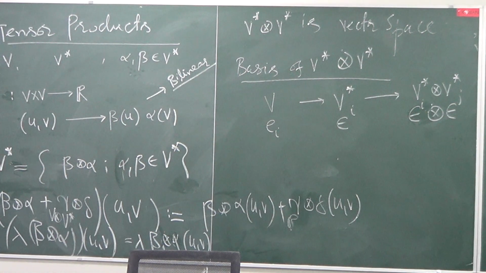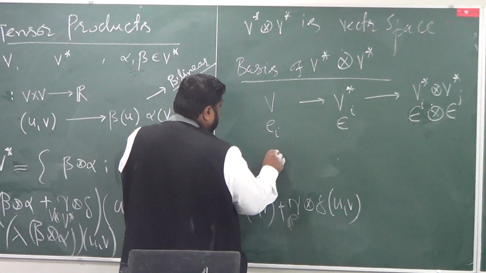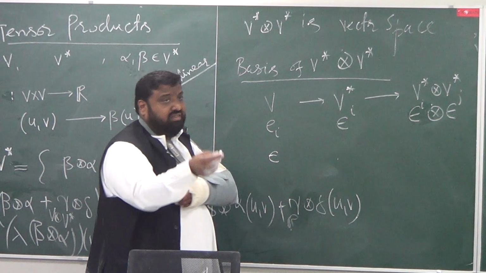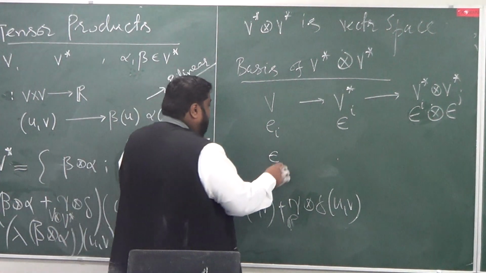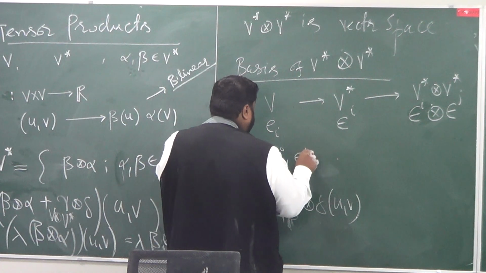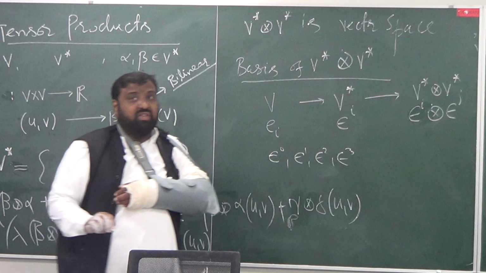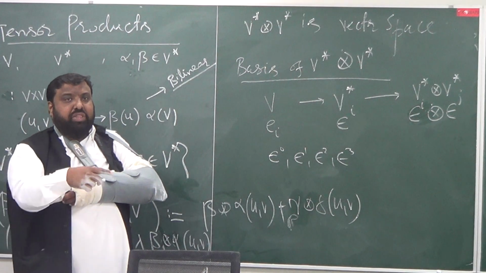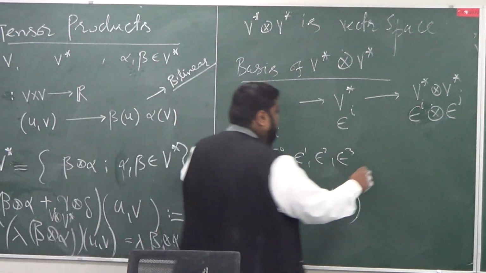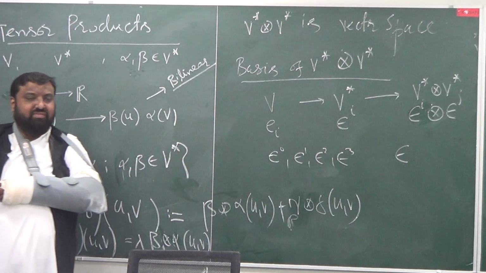What do you mean by that? For example, if the space is four-dimensional, like relativity, you're going to have basis epsilon 0, epsilon 1, epsilon 2 and epsilon 3. So how many possible products can you have from these?